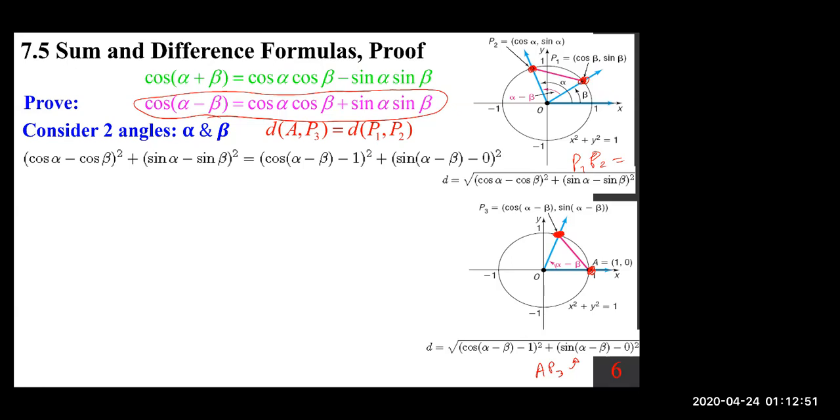I hope everybody is comfortable with that. So when we square the left side, we get cosine squared alpha minus 2 cosine alpha cosine beta plus cosine squared beta. That's the first one. When we square the second parentheses, we get sine squared alpha minus 2 sine alpha sine beta plus sine squared beta. We do the same thing to the right, and this is what we get.